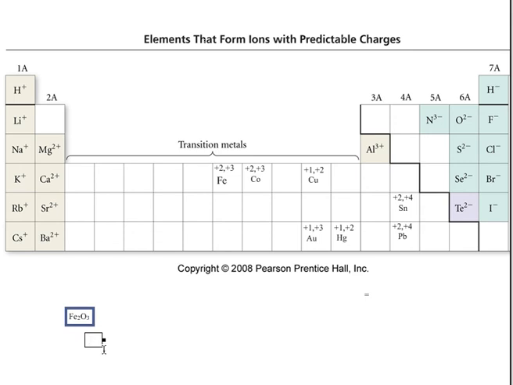So 3 times -2 equals -6. So in order for this to be a neutral compound, the two irons have to add up to +6, which means that each iron is +3. As I said, we'll look at more examples of this in other presentations.